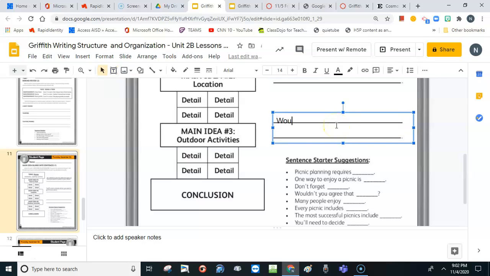And I'm going to put, wouldn't you agree that the best part of the picnic, but maybe the food is the best part. That the fun part. Ooh, I used the word fun.